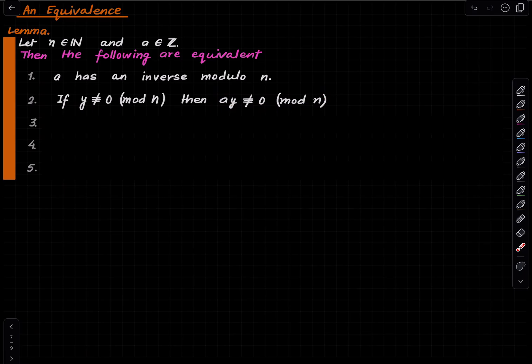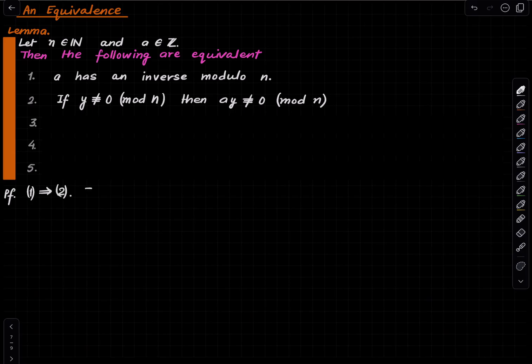So we are saying that 1 implies 2, and we are also saying that 2 implies 1, but we will actually not go that way. We will just keep coming down, and then ultimately show 5 implies 1. So for now, let's just show that 1 implies 2, and let the statement be very clear. So proof of 1 implies 2.